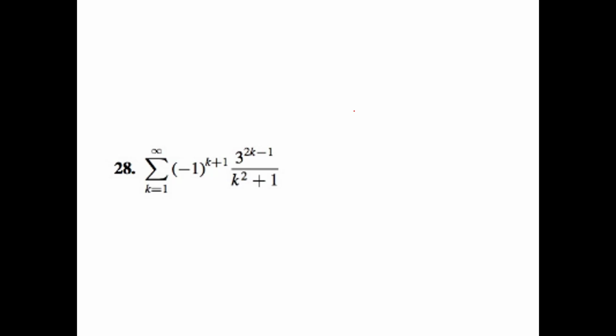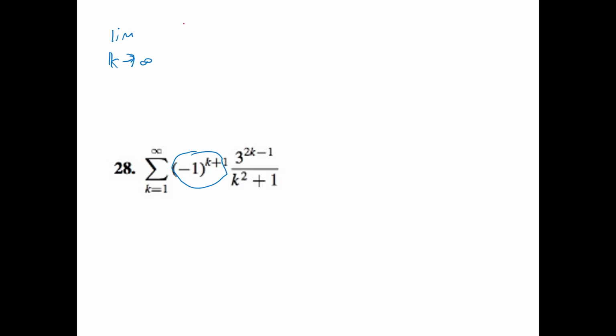Likewise, in this problem, you have the exponential function, and so this one again should tell you to use the ratio test for absolute convergence. We take the limit as k goes off to infinity. For a sub k plus 1, the absolute value is going to get rid of this factor, so we don't have to worry about that.